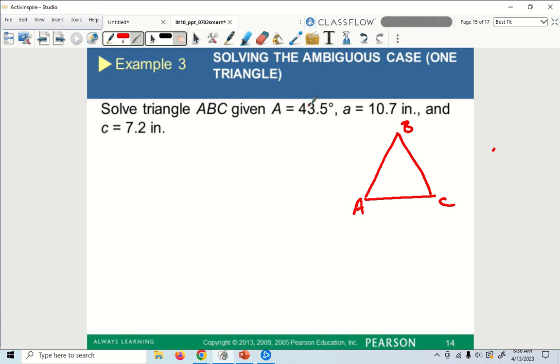Big A is 43.5. Next one, little a is 10.7. And little c is 7.2.